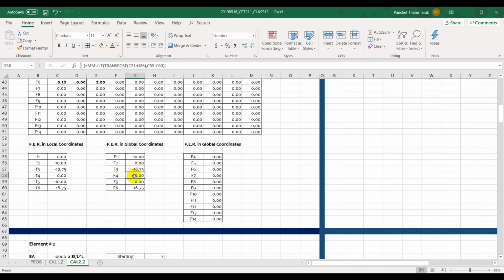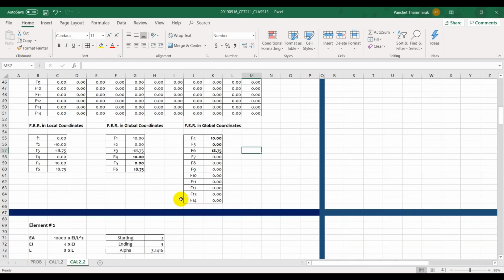Another one, the F4 turns out to be the plus 10 as well, and like this. Then we select the entries that are relevant in this global system of equation setup, and the 4, 5, 6 are here. Alright, 1, 2, 3 are not included.